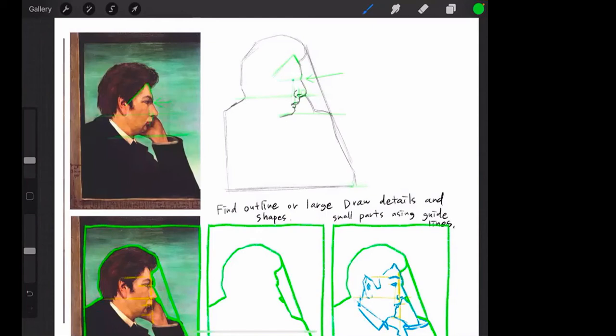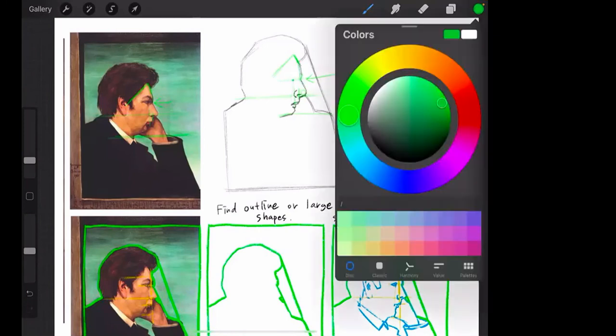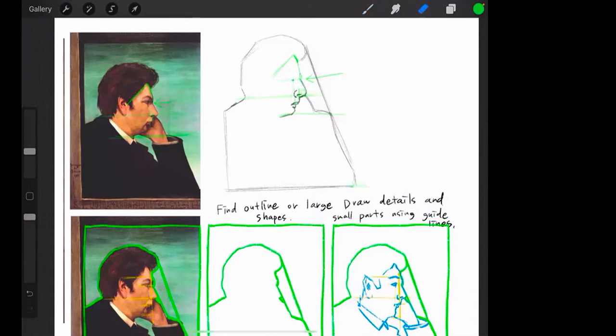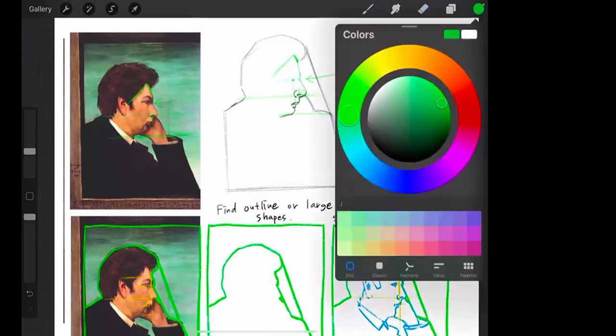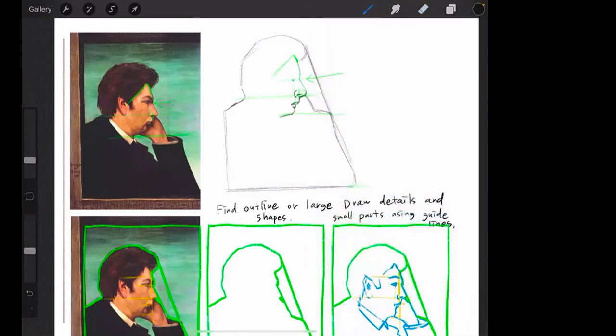I think I will change the forehead a little bit. So the eye is almost aligned with the end of the mouth.